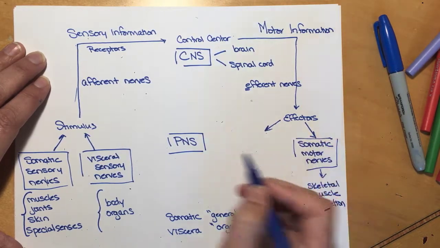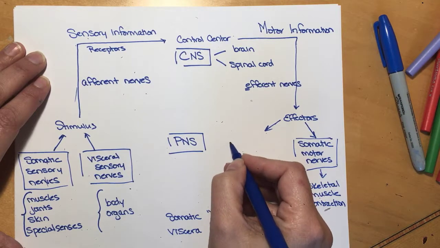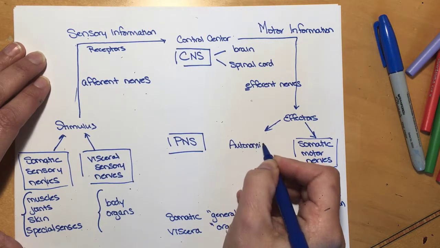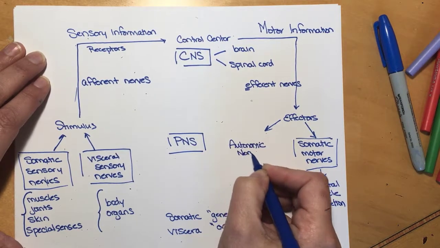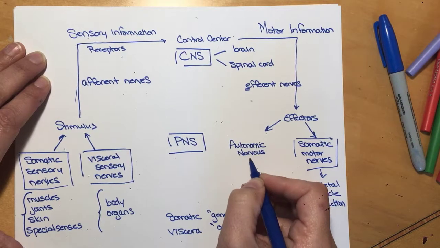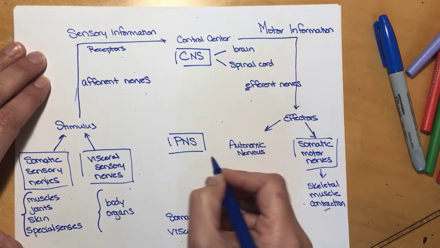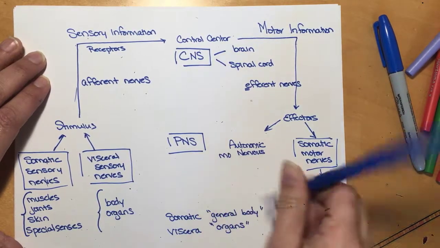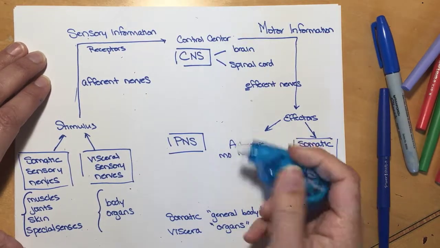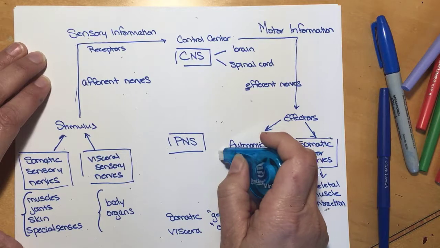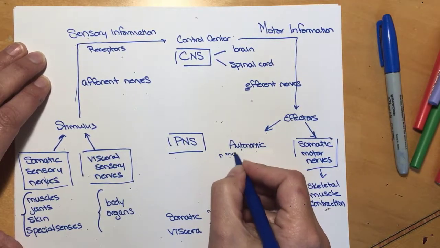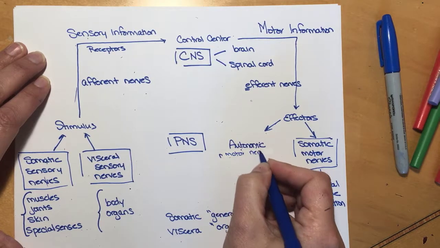We have another type of effector over here, which we call the autonomic motor nerves.